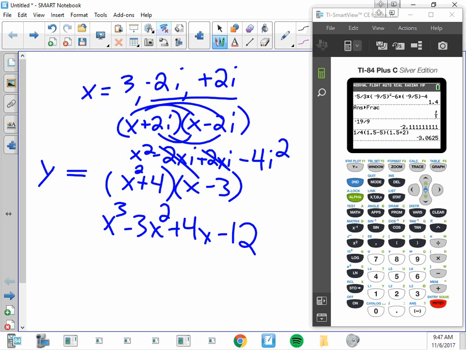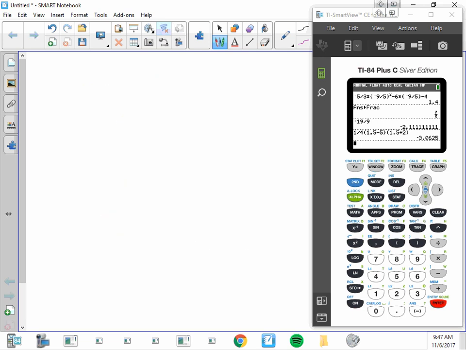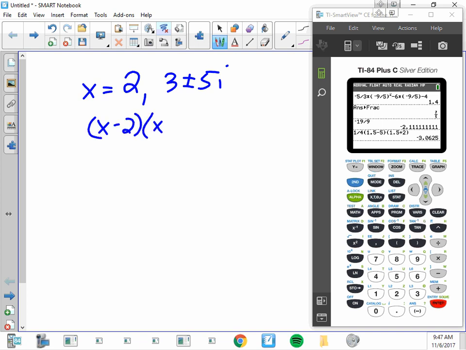Okay. What if I had the roots x equals 2 and 3 plus or minus 5i? My factors are x minus 2 and x, what would the next factor be?